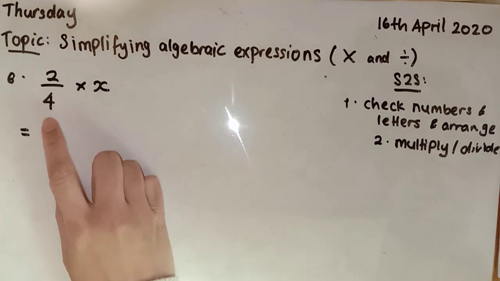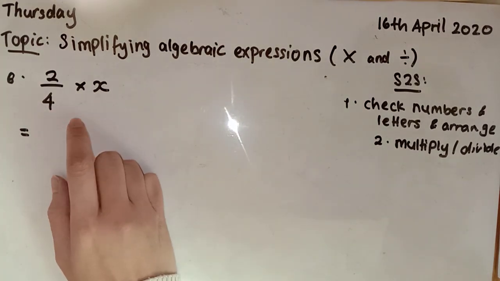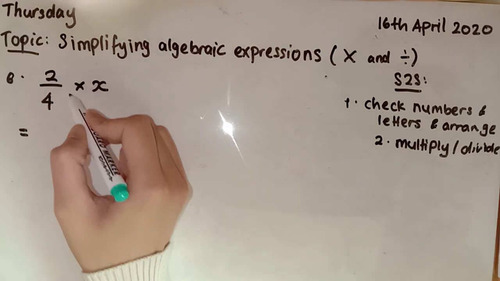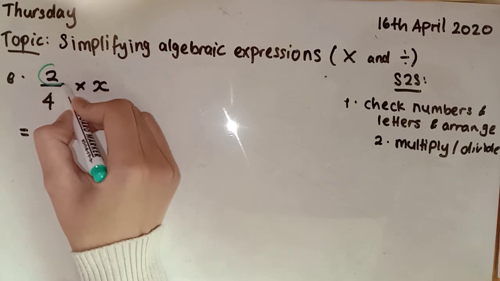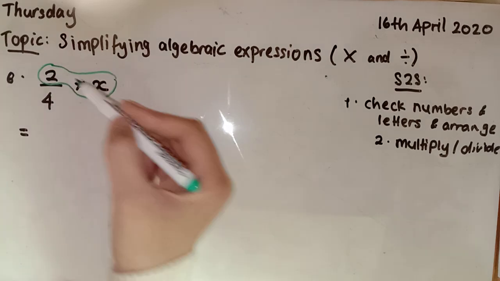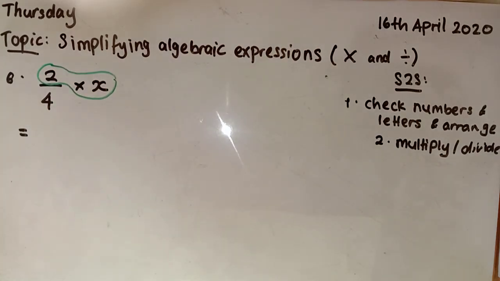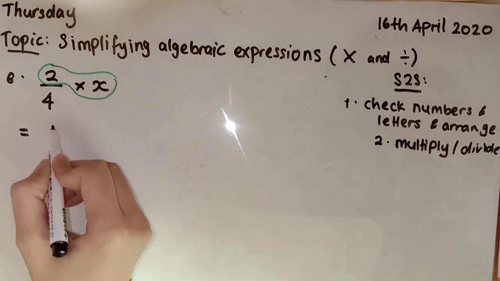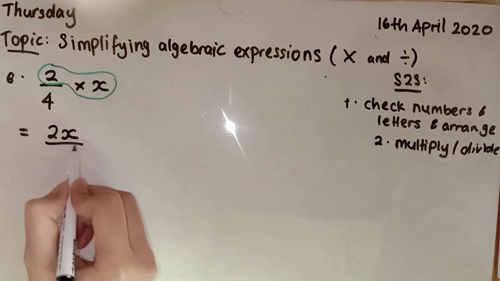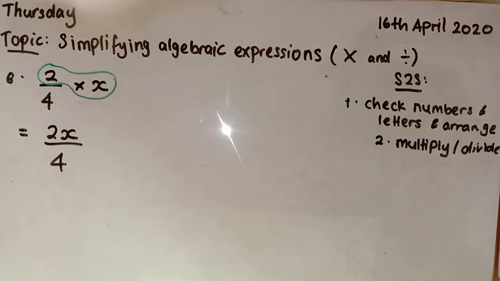Now, we have a fraction here. 2 over 4 times x. If times, you can only multiply the whole number. This is a whole number with the numerator. So this becomes 2 times x gives you 2x over 4.